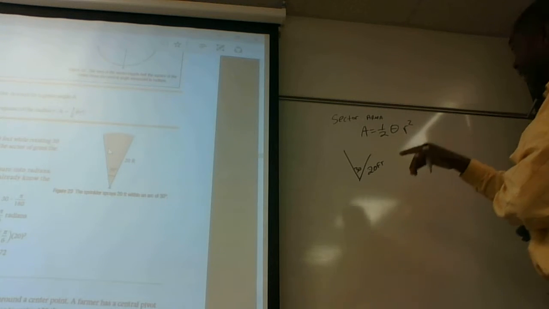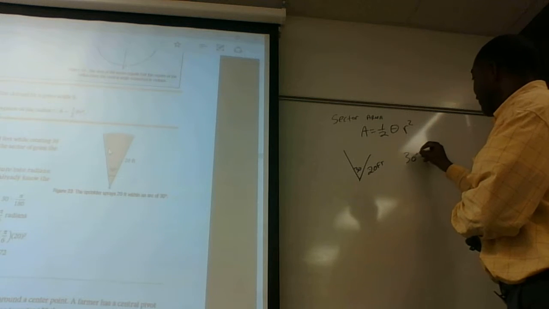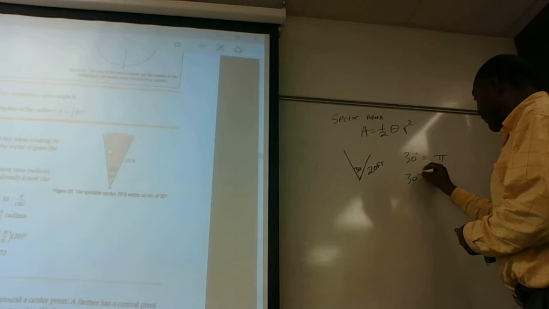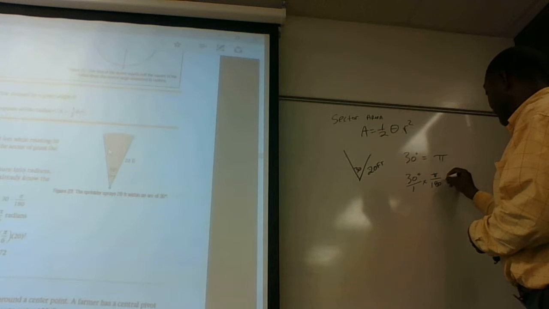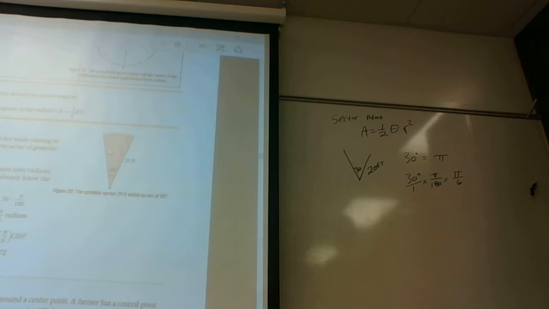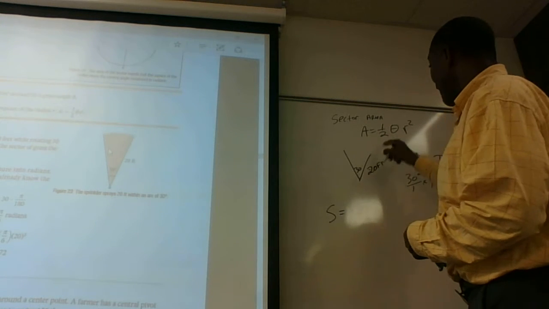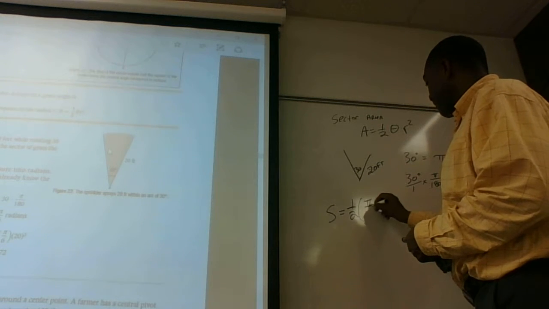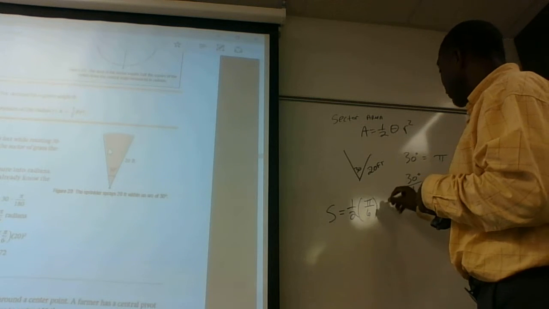Again, there are two ways we can look at it. If my theta is 30 degrees, what is that in radians? Well, that's 30 degrees over 1 multiplied by pi divided by 180, which is pi over 6. So now using this form, A is equal to 1/2, my theta is pi over 6, R is 20 squared.